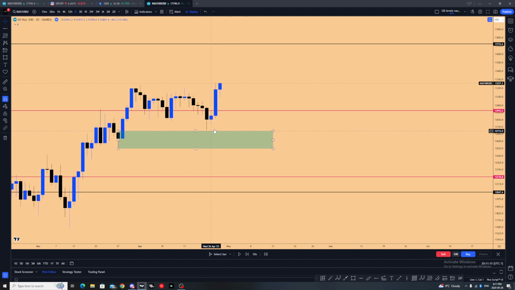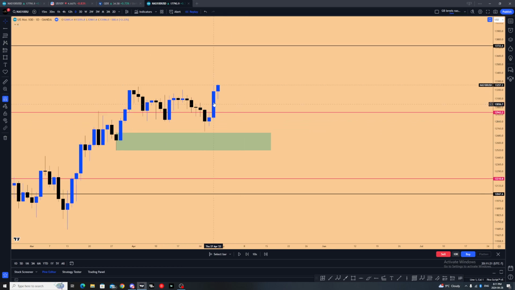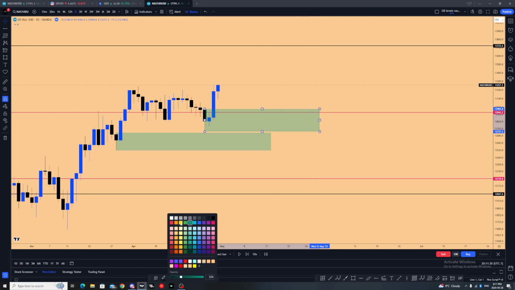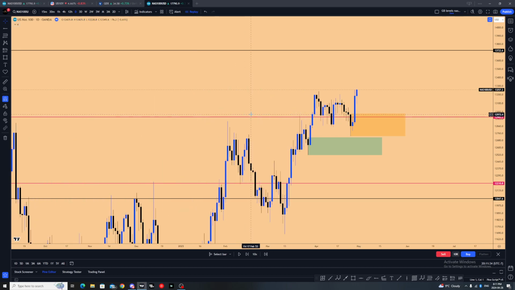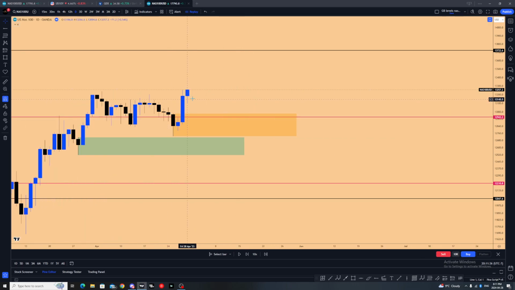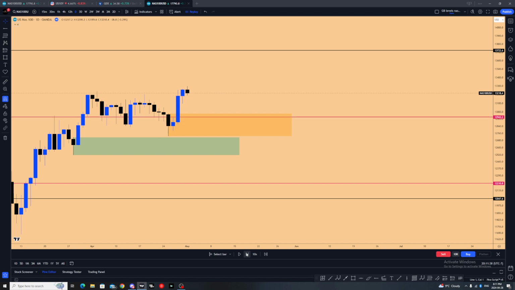It came very close to tapping that bullish order block before it went up. Now, after this pullback happened and it pushed up, this became a propulsion block. And this is forming at the exact SR level itself. So that means if it comes back for a retest, propulsion blocks are pretty strong.